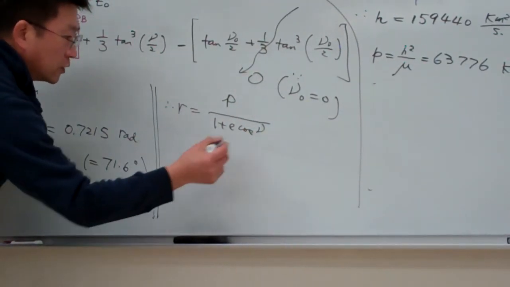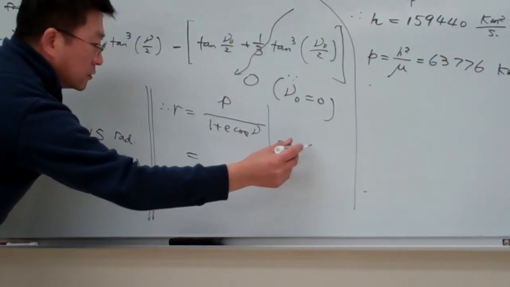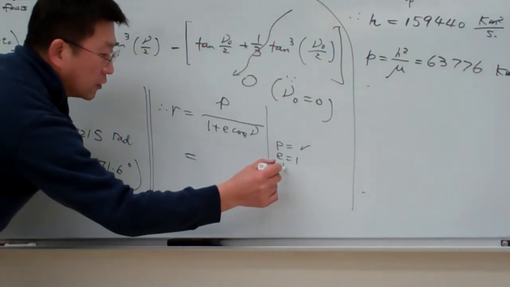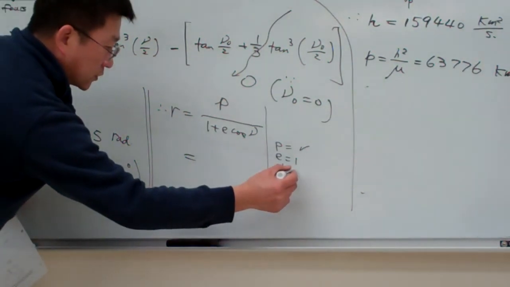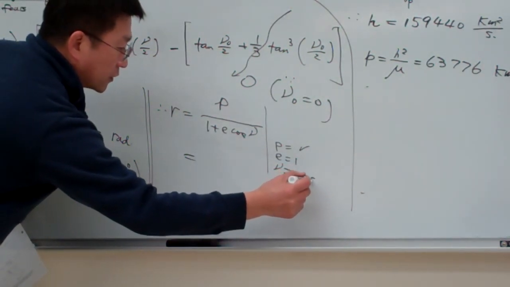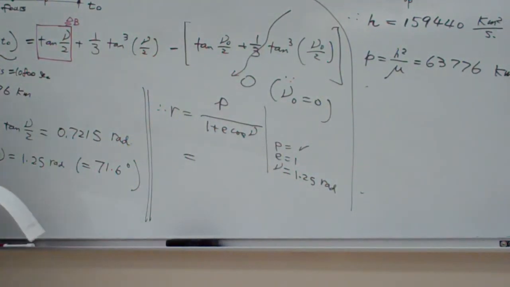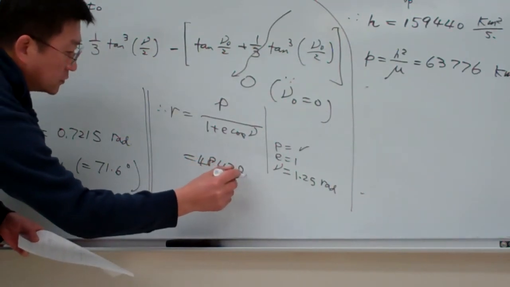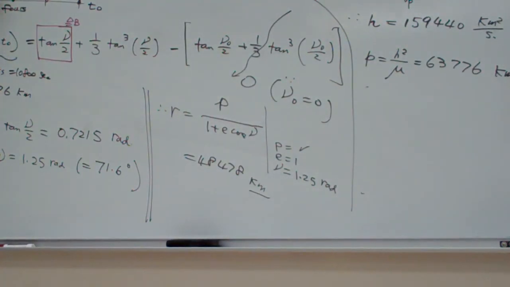Here we have all the information: p is given, e is 1, and we know nu, either in radians or in degrees, 1.25 radian. So from this equation, we can quickly calculate r. It will be 487 kilometers. So in this way, we get this one done.